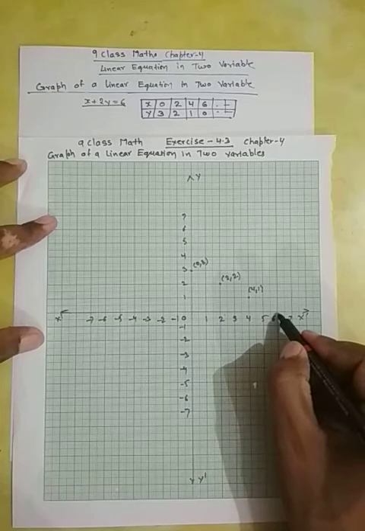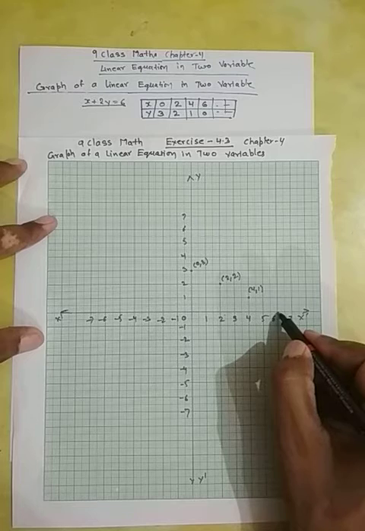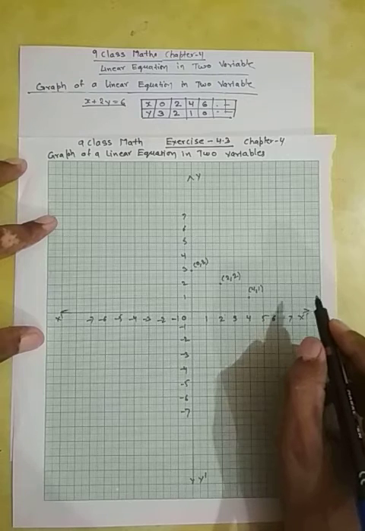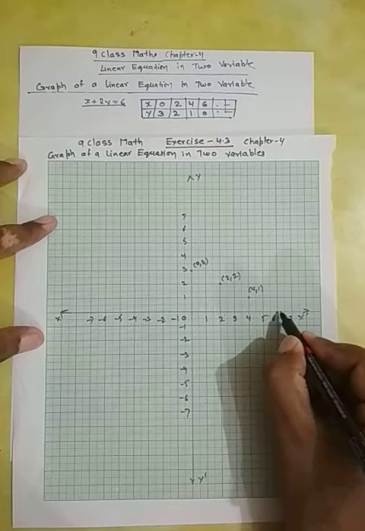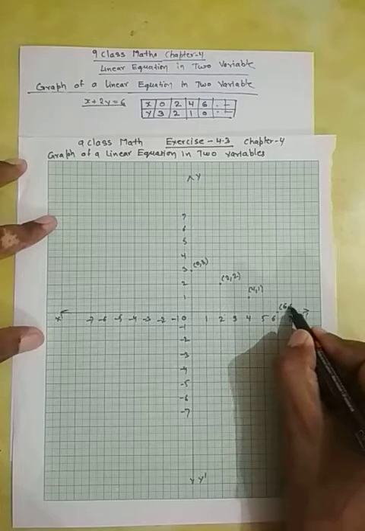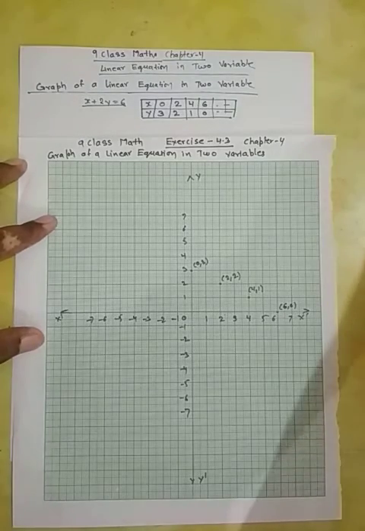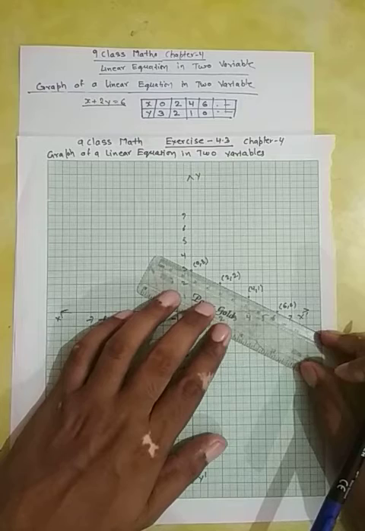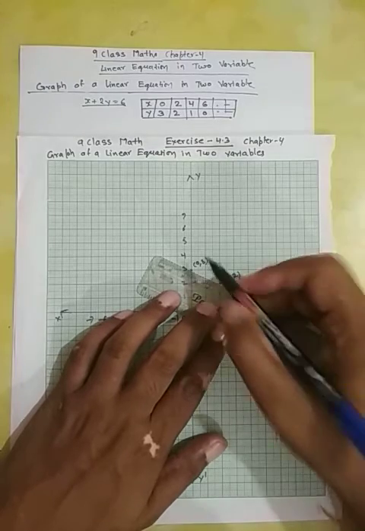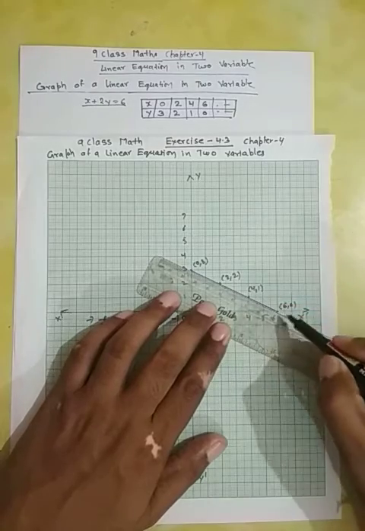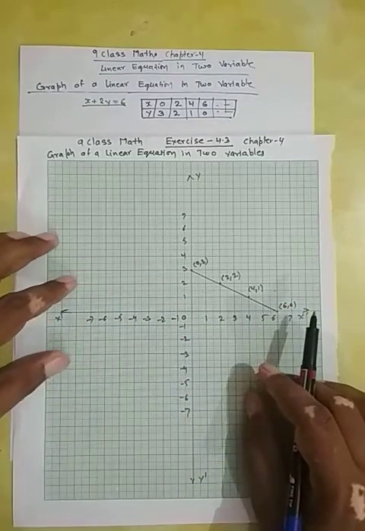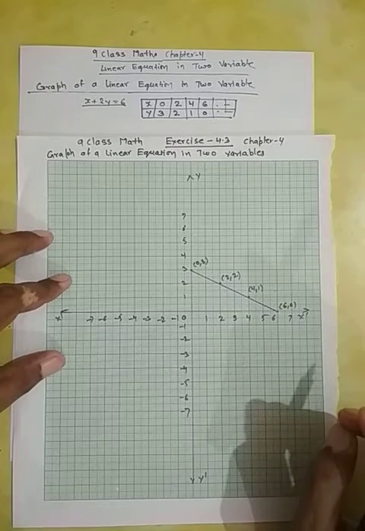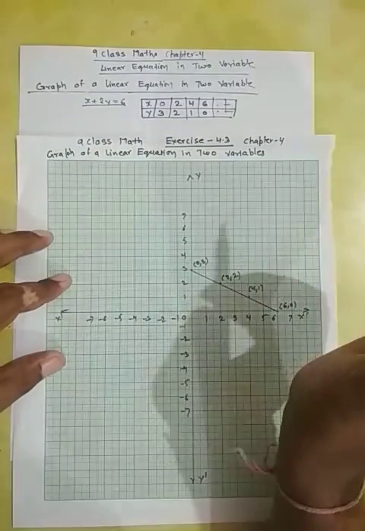Then x equal to 6 and y equal to 0, on the x-axis the y value is 0. Then the point we find is 6 and 0. Then we join these points and we find a straight line. Every point on the straight line is the solution of the linear equation x plus 2y equal to 6.